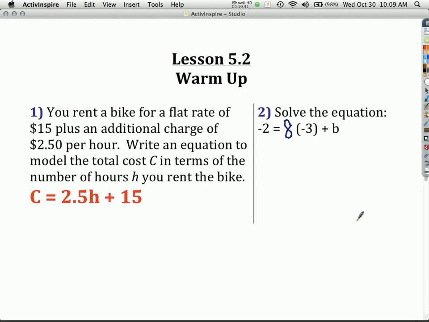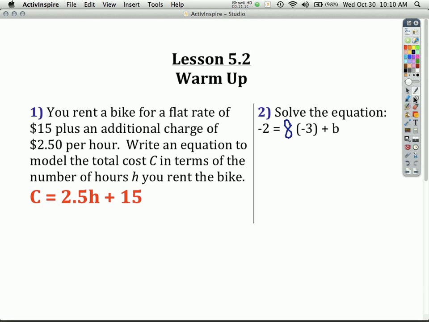Give me a thumbs up when you've got it. Okay, put your thumbs down. Zabari, what do you think it is? B equals 22. So they agree. Yeah, B is 22.